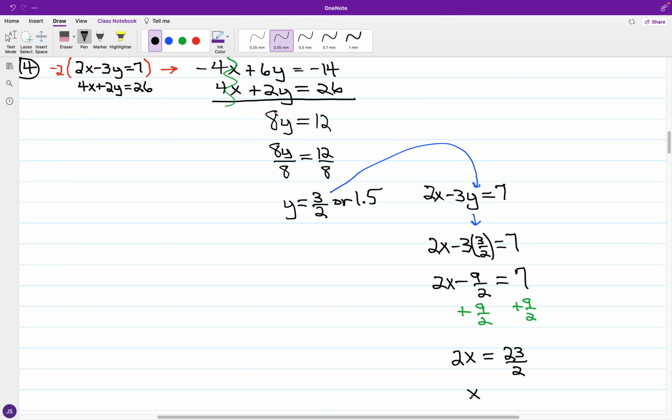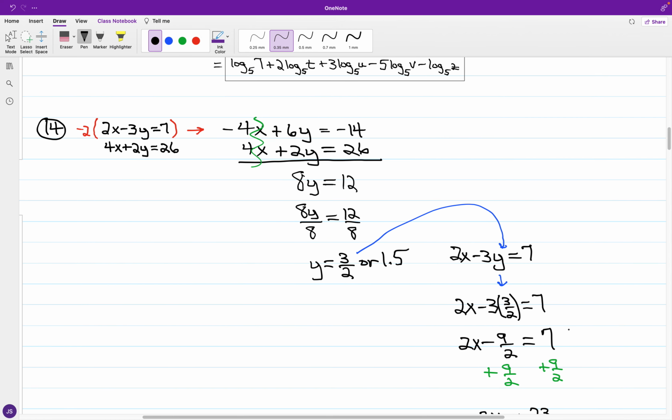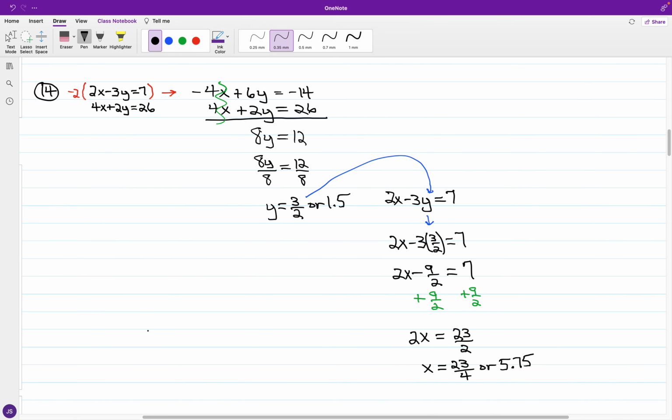With division by 2, x is going to be 23/2 divided by 2, so this will be 23/4, or 5.75. So for number 14, there's going to be one solution.